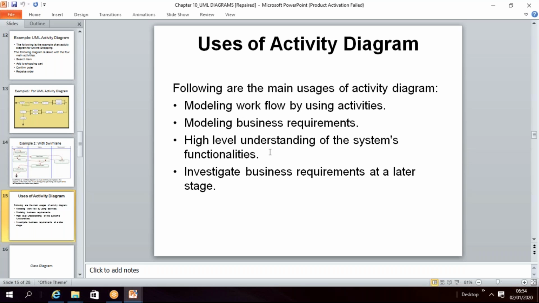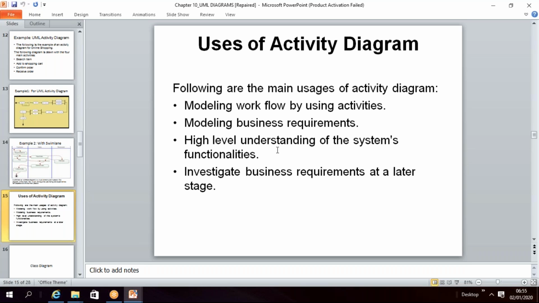High-level understanding of the system functionalities. Investigating business requirements at a later stage. If you have a workflow, you can define it, keep it for future reference, and investigate whenever there is a problem or a challenge. So the activity diagram can be used for a number of purposes, majorly to define the workflow, analyze the workflow, and understand the high-level requirements of the system.